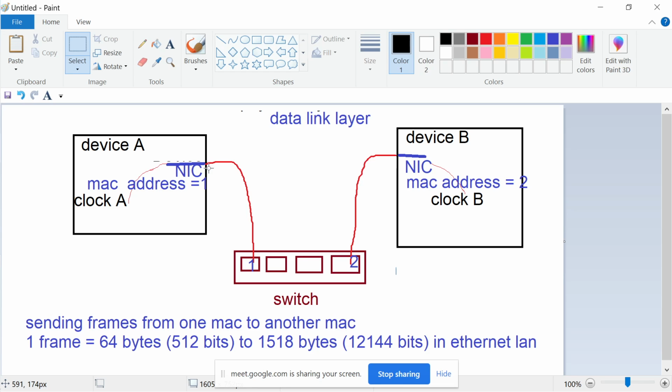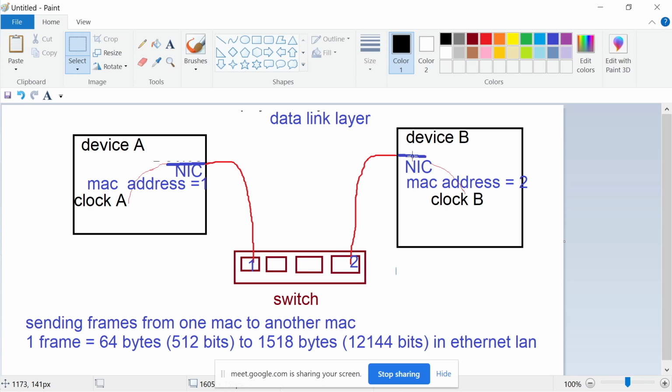This cable on one end is connected to a switch, right? Now how do you know why this data is going on this line, and for whom the data is going? It is through the MAC address. MAC addresses are special addresses attached to the device or to the NIC.